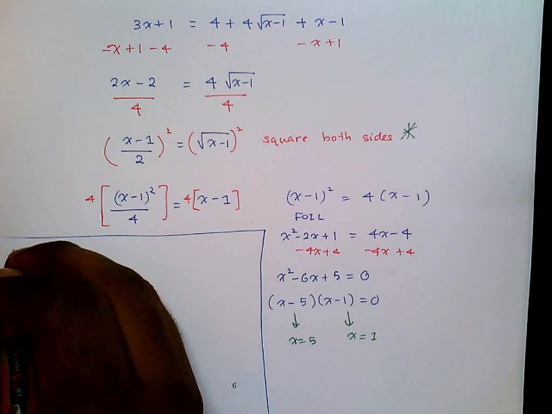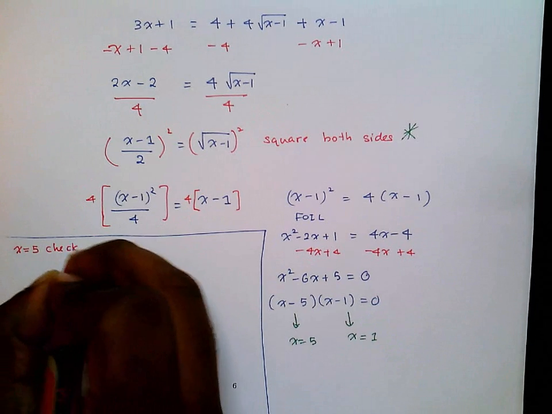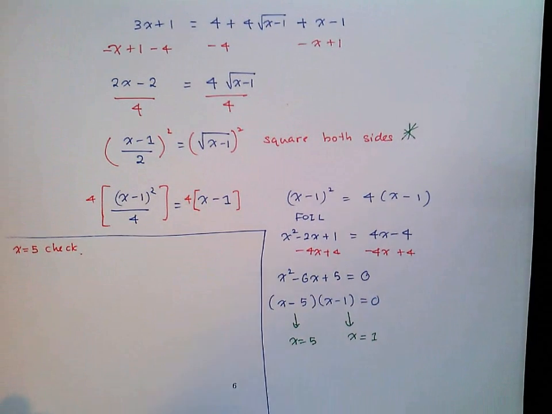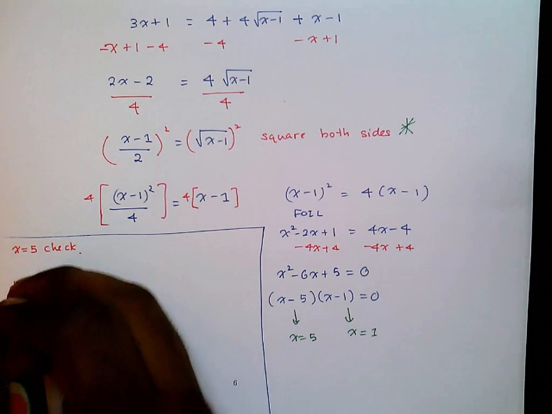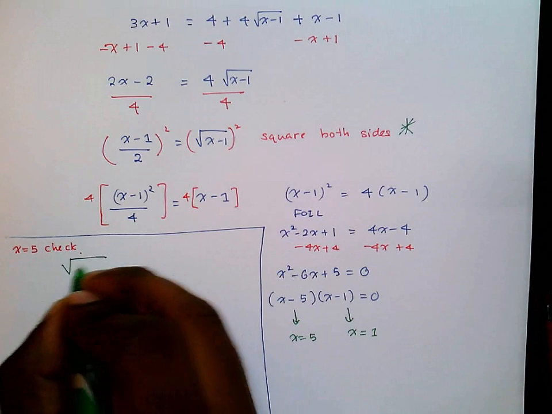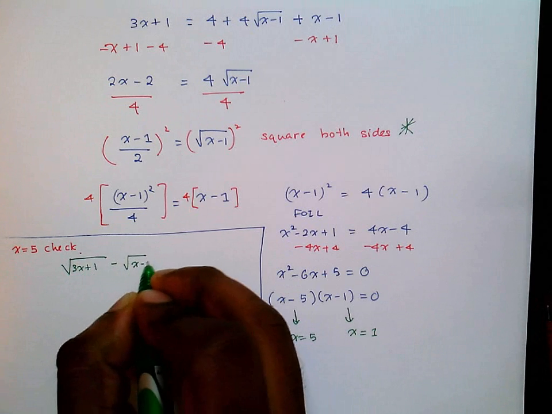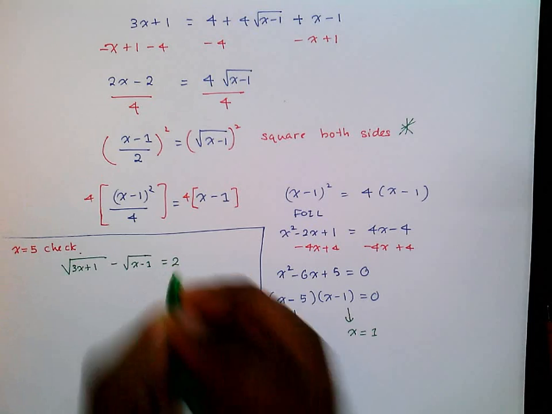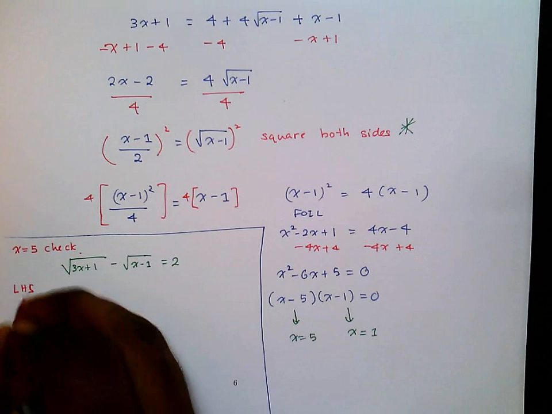So let's do x equals 5. Okay, so check it. The original equation, let me just write it down again here for you. So check it on the left hand side.